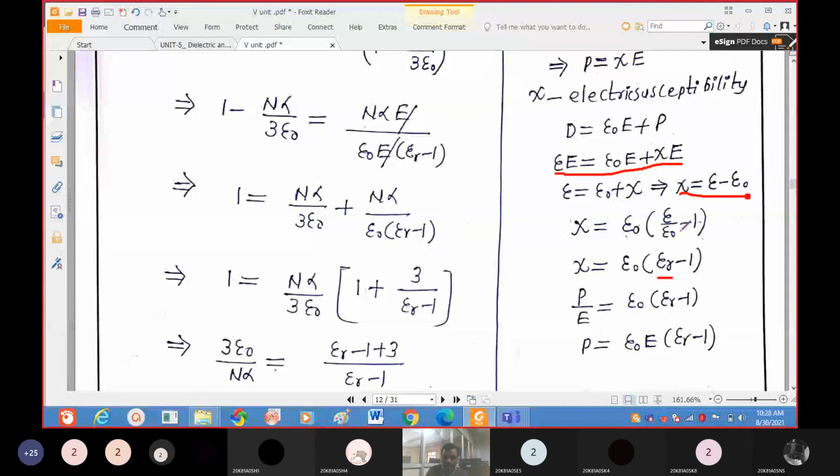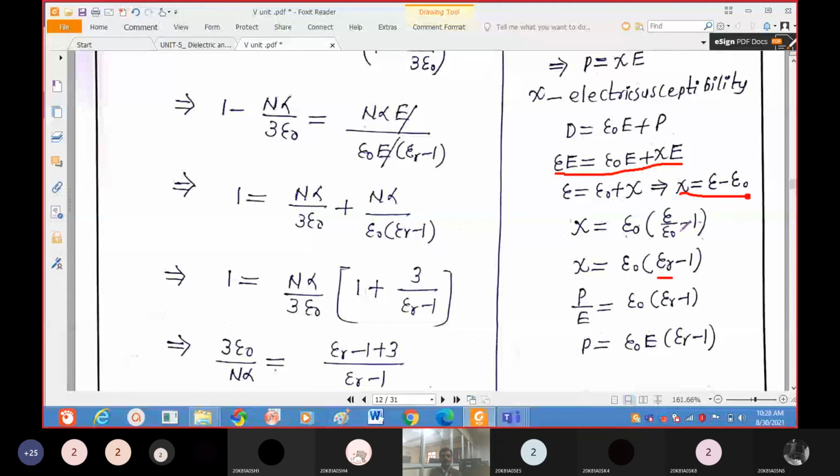This constant chi is called susceptibility, so chi is equal to P by E. The dielectric susceptibility may be defined as the ratio of the polarization vector to the electric intensity, that is, the applied electric field, in the dielectric.